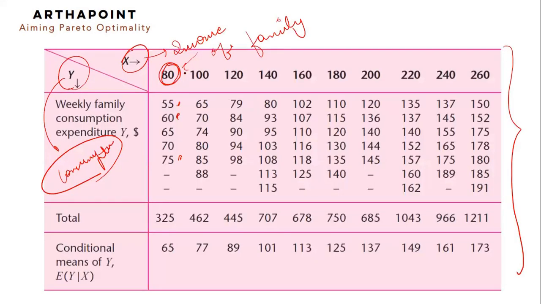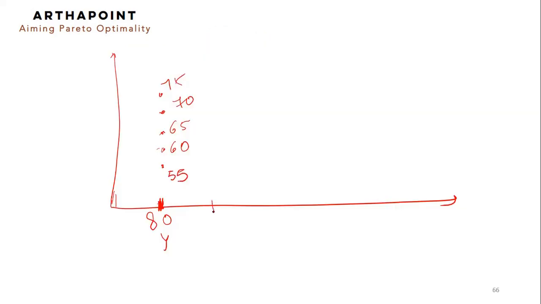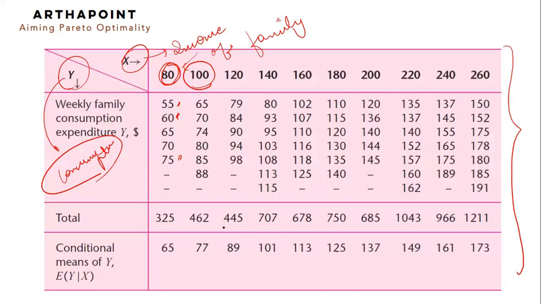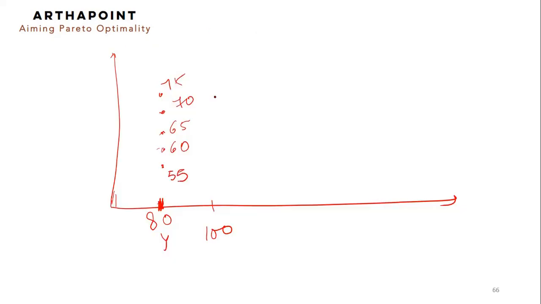Now, let's take another example, income level as 100. So there are some families whose income level is 100 per week. One of the families still consumed 65 out of 100. The other family consumed 70 when their income was 100.